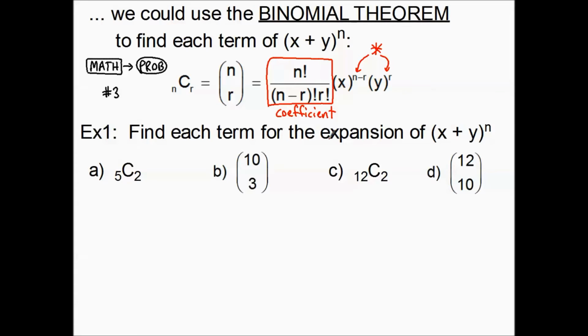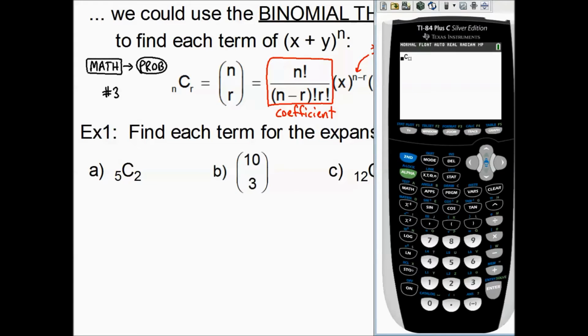So let's find each term for the expansion. The good news is we don't need to do the entire expansion. We just are looking for a specific term. So let's look at 5c2. What that means is I'm raising the binomial to the 5th power, and that 2 is my r. So let's plug this into the calculator first.